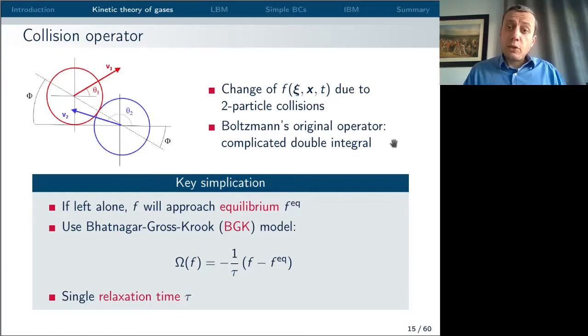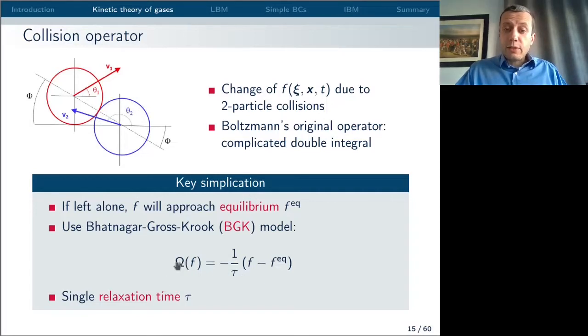And we model the relaxation towards that equilibrium, if we start from a non-equilibrium, by a simple so-called BGK model. That means for any distribution function f that is not an equilibrium distribution function, you will recover your equilibrium distribution after some timescale tau. This timescale tau is called the relaxation time.